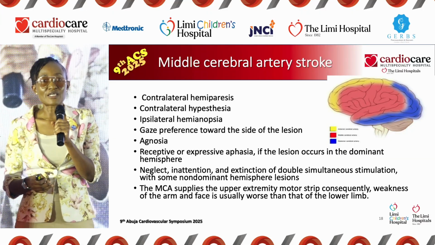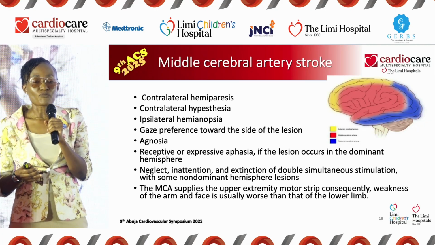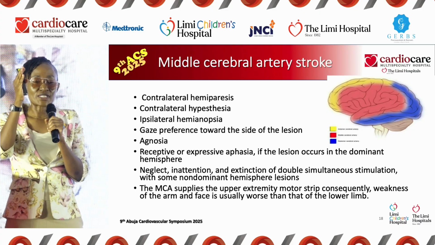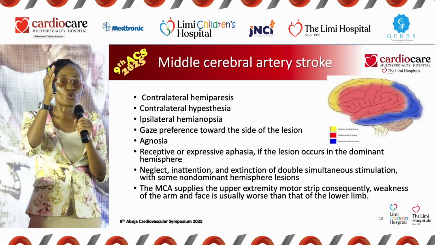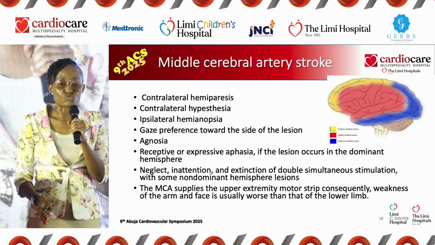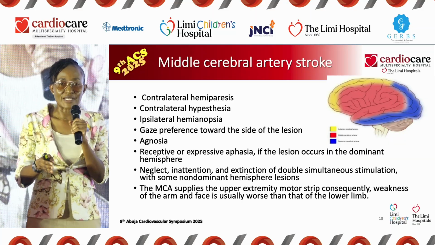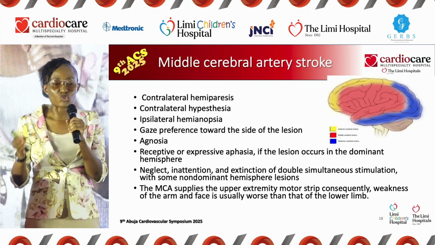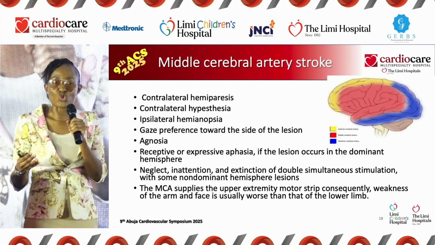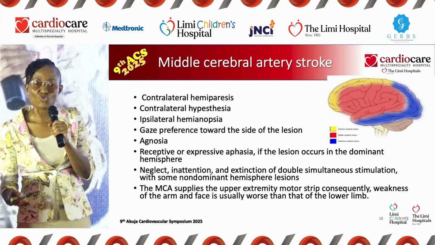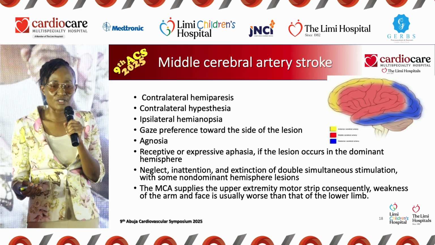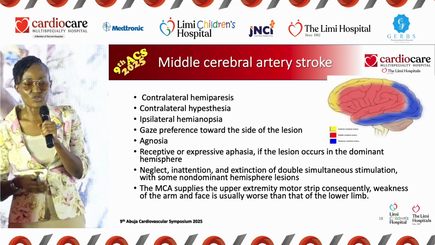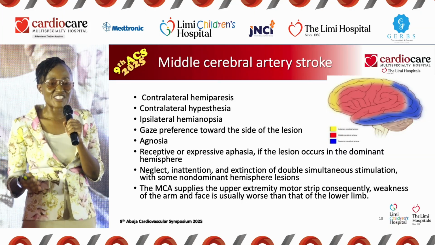That means that when you are asking the patient to move one side of the body, the person is not able to move that, does not know that he or she should move that side of the body, okay? Then gaze preference towards the side of the lesion, agnosia, repetitive.